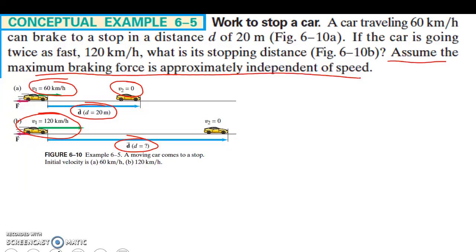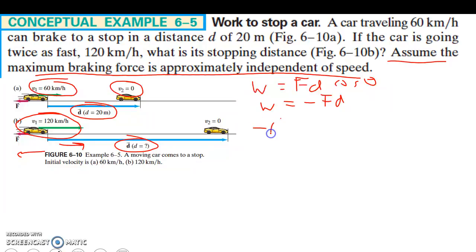So if you're going faster, does that mean you apply more force? We have to think the force is going to be the same. So we look at the net work, which is equal to force times distance times cosine of theta. Since braking goes backwards while the car is moving forwards, our theta is 180, which means work is equal to -1 times force times distance.